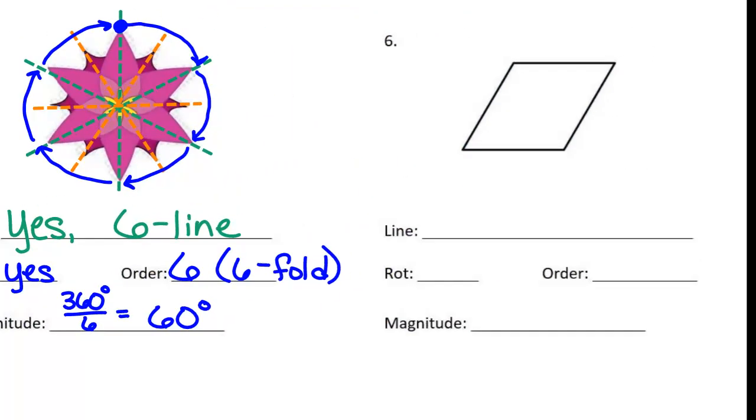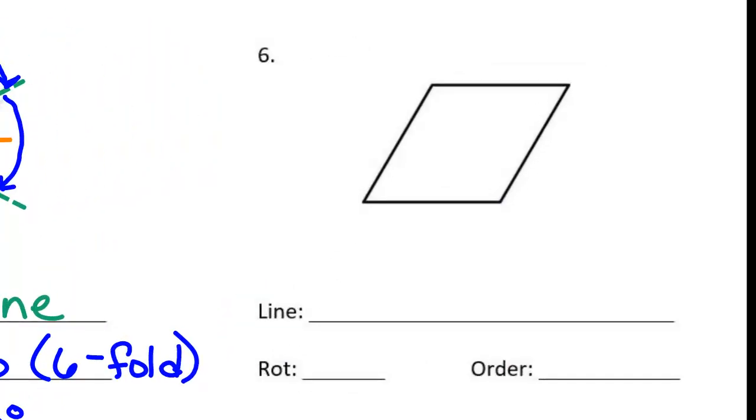And finally, we have this parallelogram here on number 6. Do we have any line symmetry with the parallelogram? Yes. Where could I draw those lines? Can I go vertically? No. Can I go horizontally? No. So where can I draw my lines of symmetry?